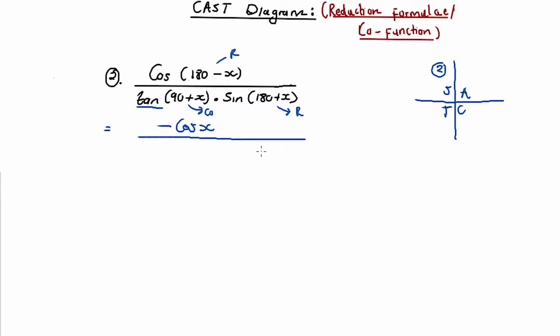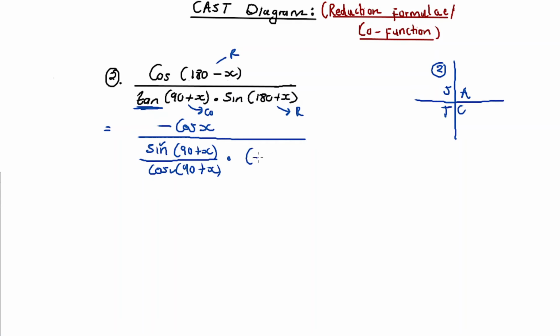I've only shown you the co-ratio for sine and cosine. So the tan I should write as sine 90 plus x over cos 90 plus x. So the tan I should write as sine over cos, multiplied by 180 plus x, third quadrant.